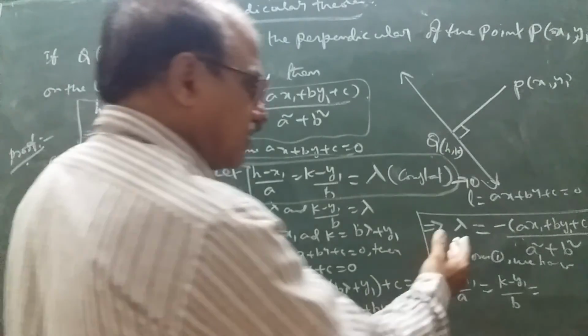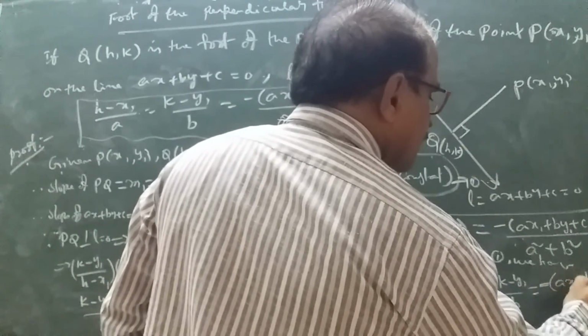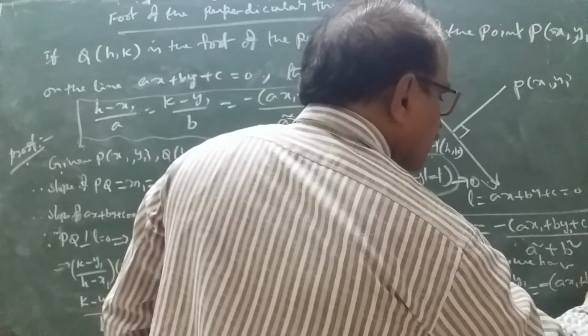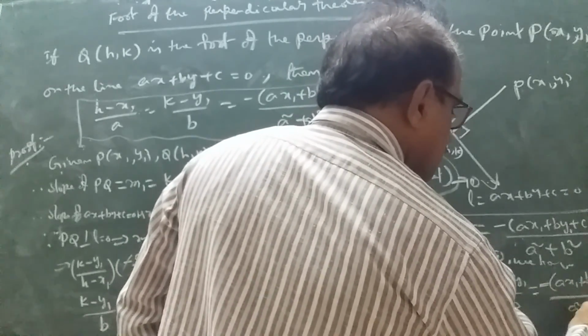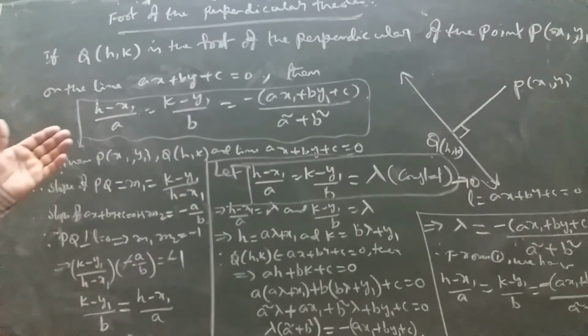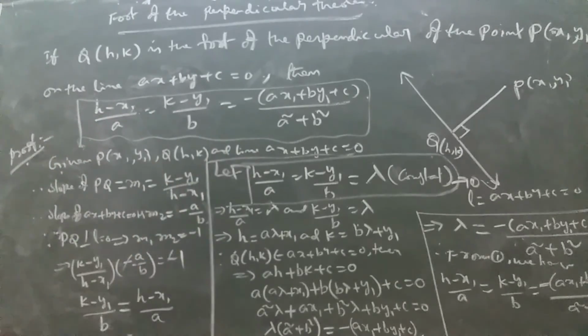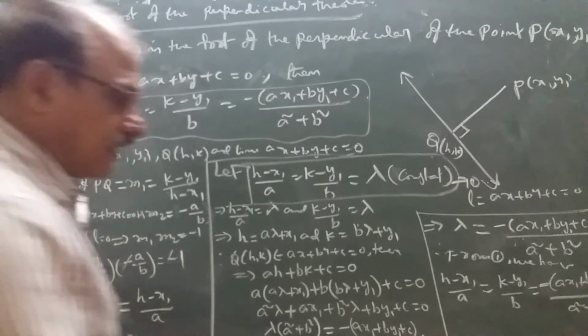What is the value of lambda here? -(ax1 + by1 + c)/(a² + b²). This is the proof of the theorem. Hence proved.